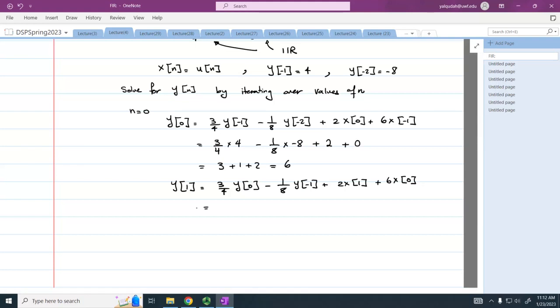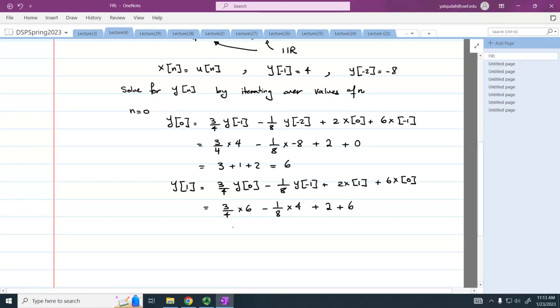Make sense? y at 0 is going to equal 6, so we have 3 over 4 multiplied by 6, minus 1 over 8 multiplied by y of negative 1, plus 2 times x of 1, which is 2, plus 6 times x of 0, which is 1. Make sense? Everybody?